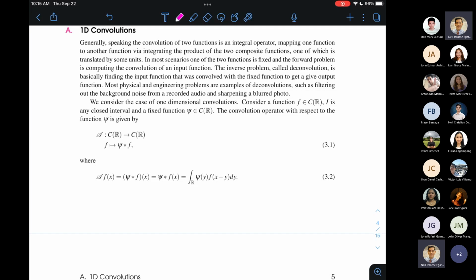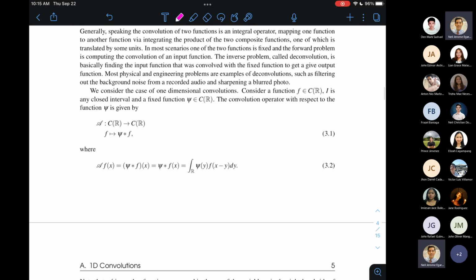So here, eto na, yung mga binago ko dun sa paragraph na to. So medyo significant sila. So in the convolution process, we will consider two continuous functions, a function f and a function psi. Okay. In general, they could be piecewise continuous functions. But for simplicity, para hindi masyadong generic yung titingnan natin, sinabi ko na lang sila ay continuous over the set of real numbers.